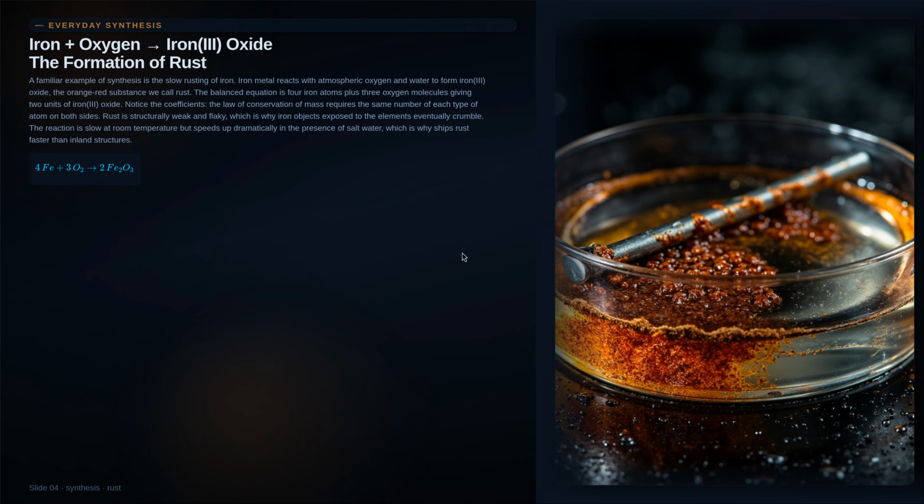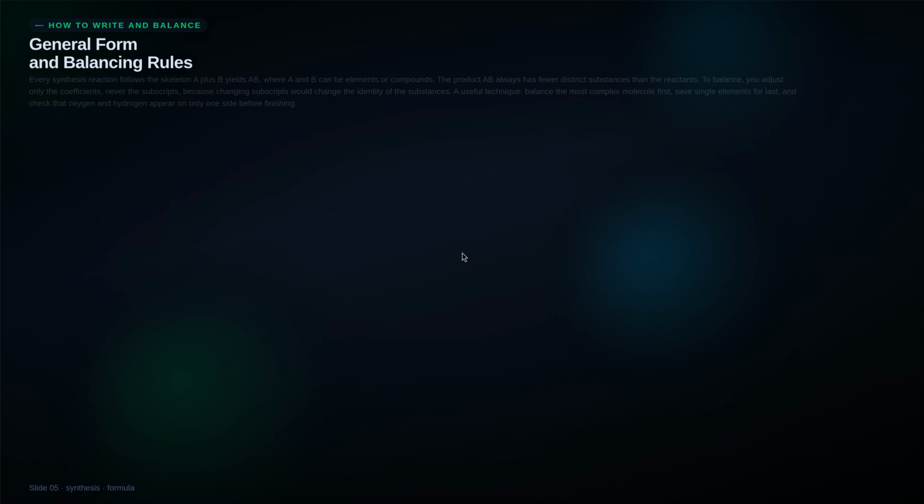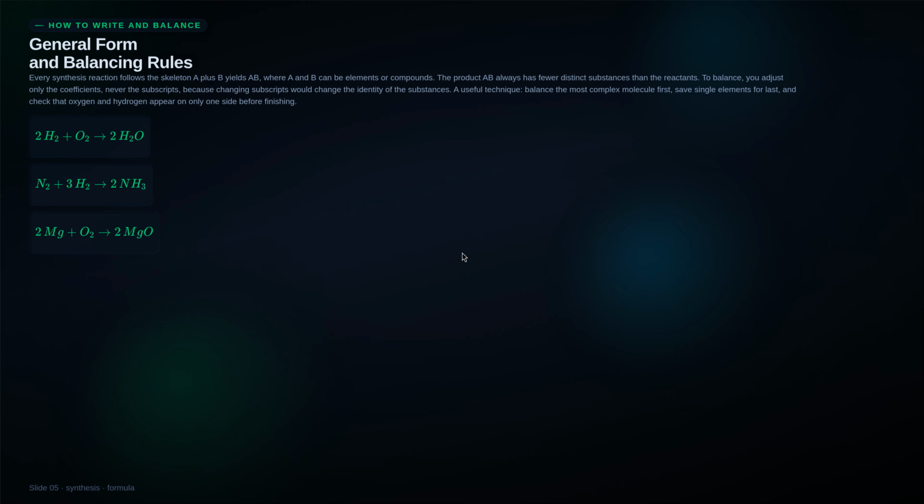Synthesis reactions are all around us. They form water from hydrogen and oxygen, salt from sodium and chlorine, and even the proteins in your body from amino acids. The general formula for a synthesis reaction is A plus B yields AB. Here, A and B can be elements or compounds, but together they form a single, more complex product.